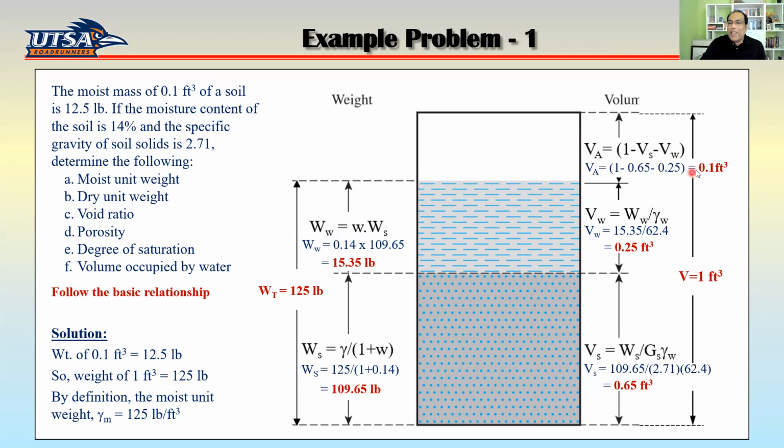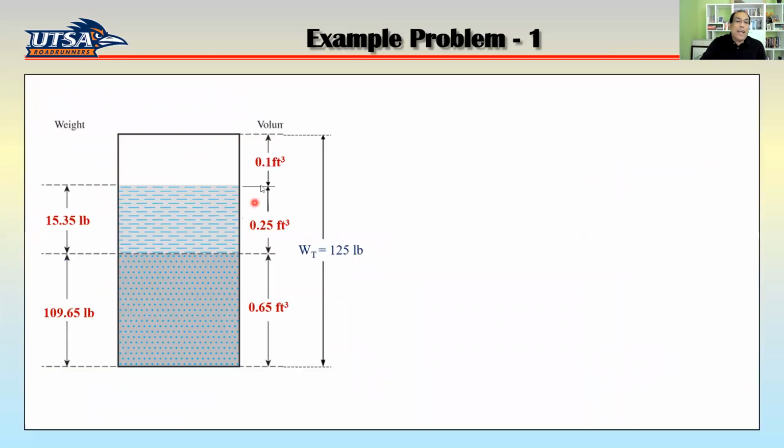So once I get all those 5 components, then I can answer all these questions quite easily. Now let's move to the next page. Just for clarity, I am showing you only the 5 parameters that we found, not the formulas anymore. Now, what is the moist unit weight?